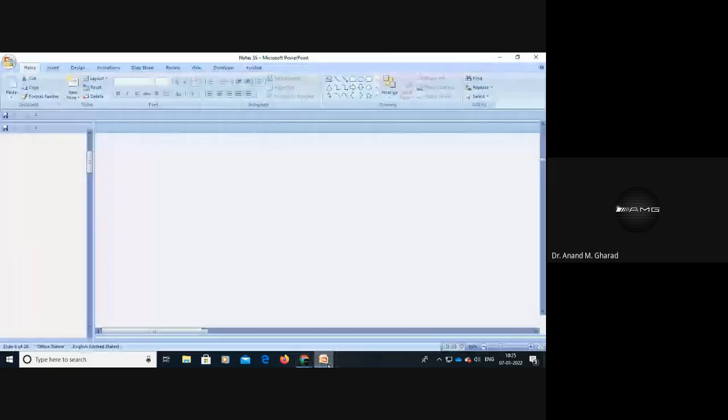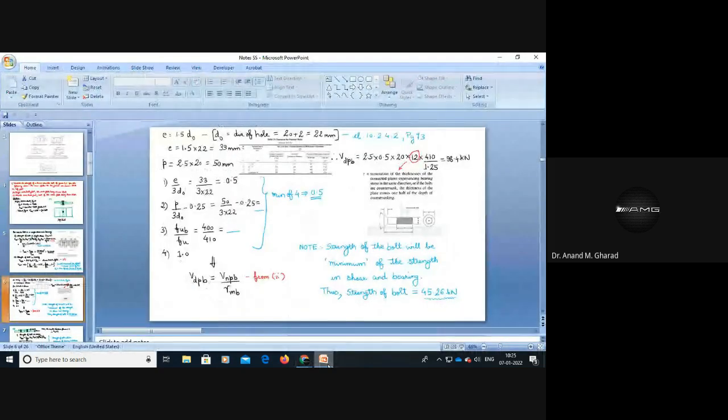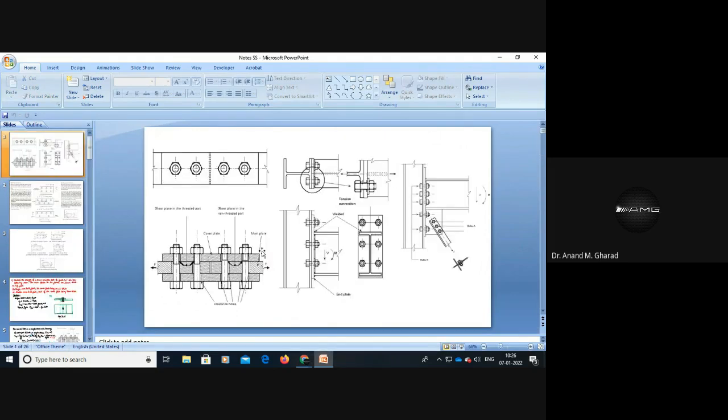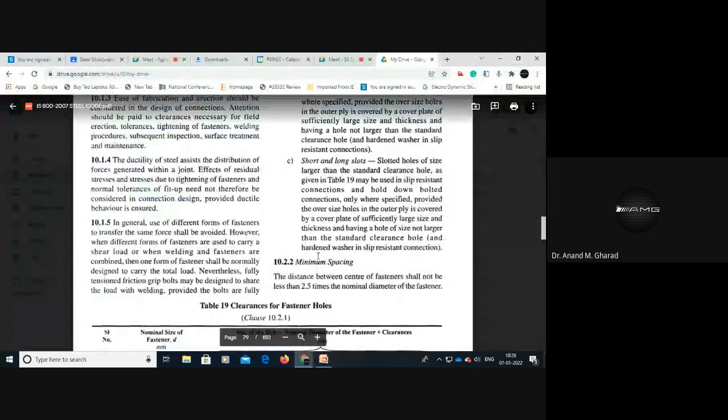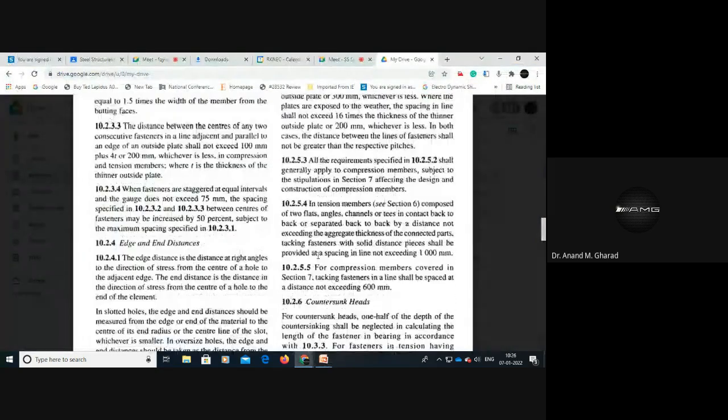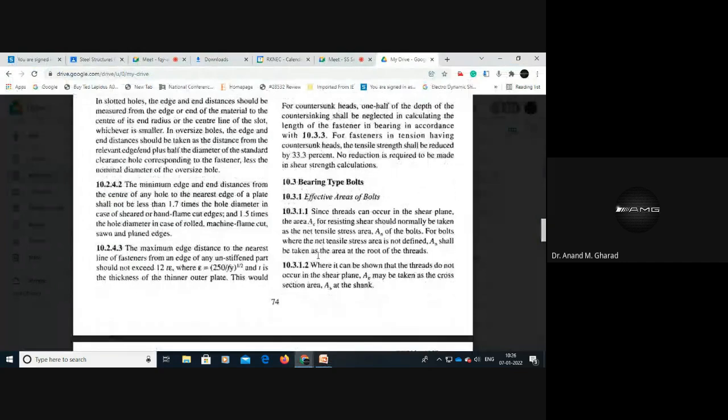One minute. This clause for end distance. So where did we see the end distance clause? Over here, that is 10.2.3.3. That is page number 74.